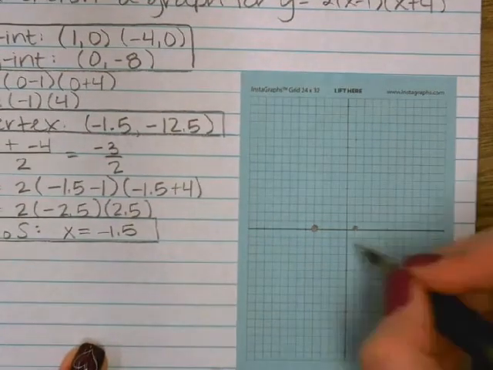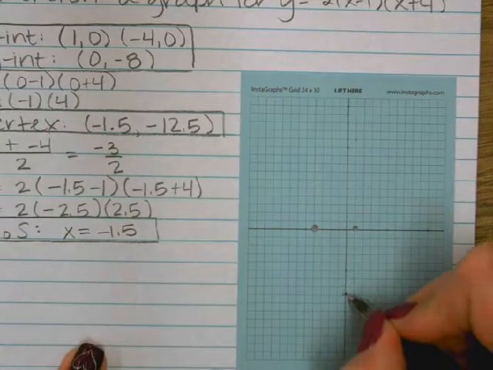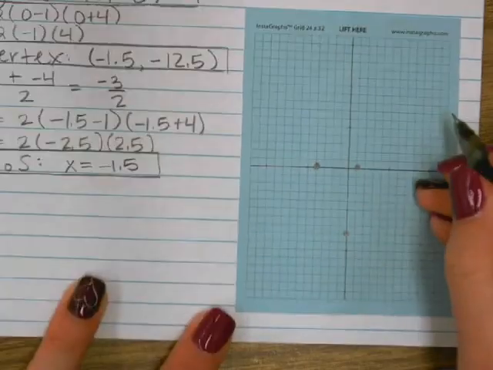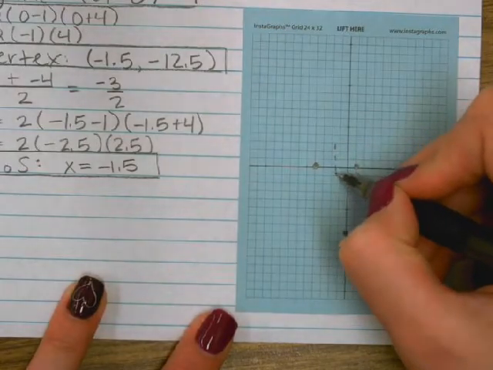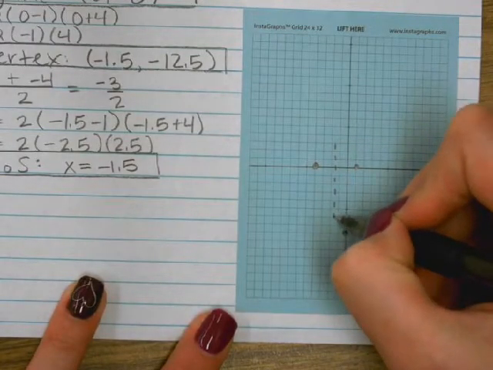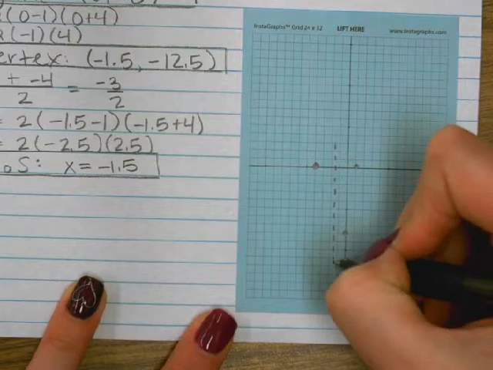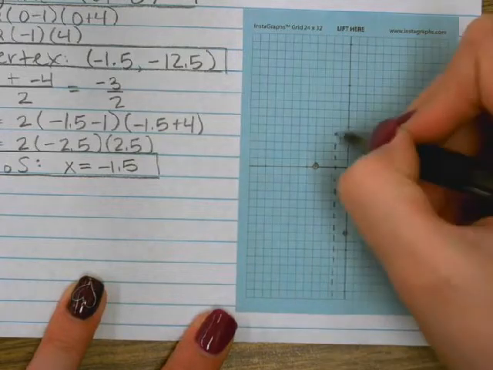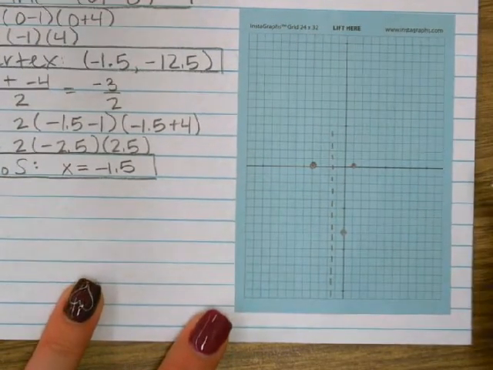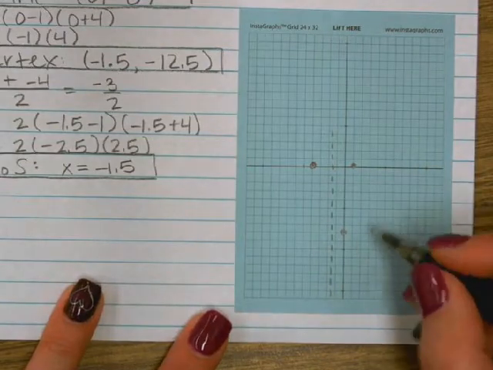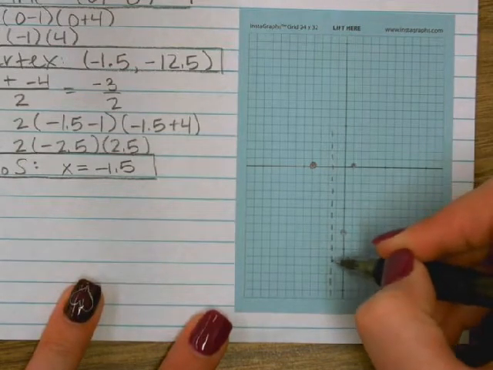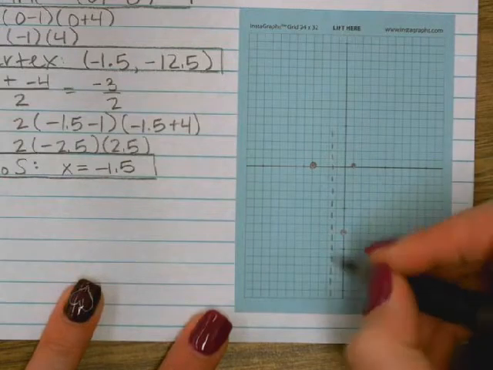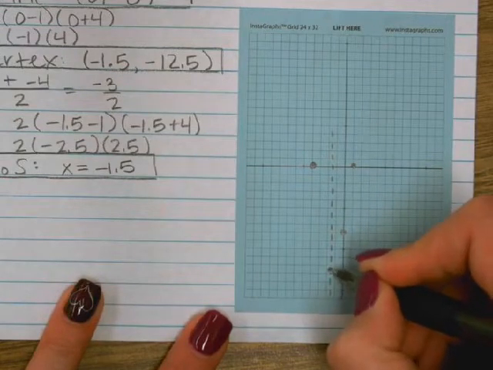I have the point 0, -8. There's that. I have my axis of symmetry at -1.5. So I'm going to go ahead and draw this all the way down. There's my axis of symmetry. The vertex is at left 1.5, down 12.5. There's the vertex.